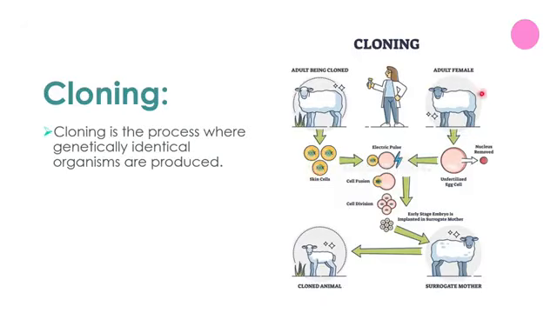Then I will take another female sheep with characteristics that I don't really want. I will take an egg cell from that female, and I will remove the nucleus because I don't want that characteristic. That's not what I want. I want this specific sheep's characteristics.